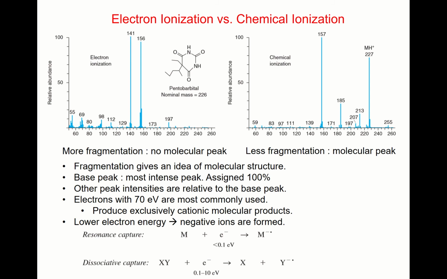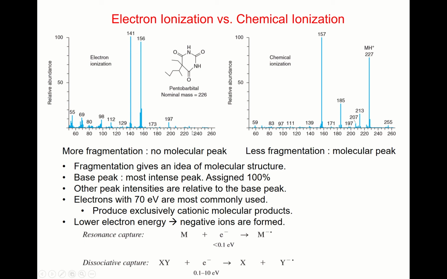Okay, let's compare electron ionization with another way, which is chemical ionization. For this special looking molecule, pentobarbital, when you use electron ionization, the molecular nominal mass is 226, but there's no 226 peak.